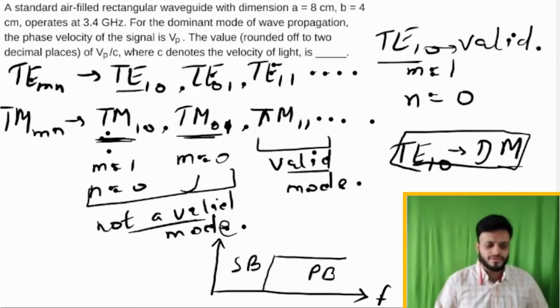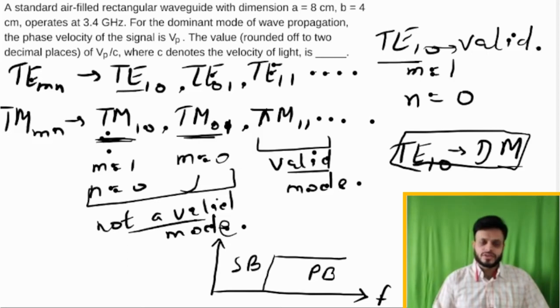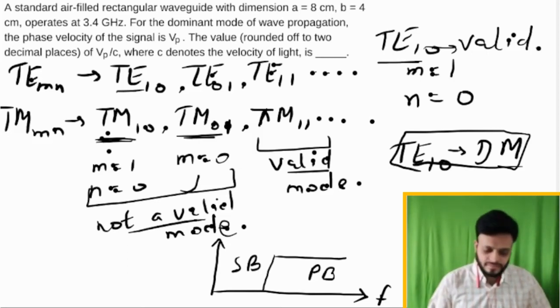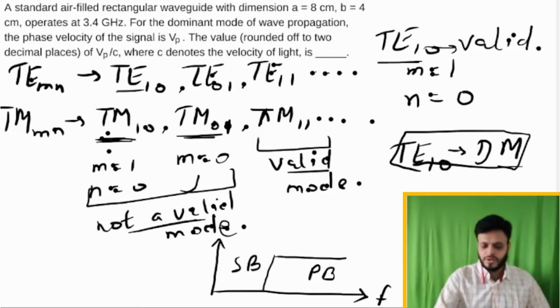If you want, you can go and understand these concepts in the waveguides question from 2019. There we have clearly discussed in detail what the cutoff frequency is. So right now I'm just considering it directly. So the formula, we will go to the next slide.